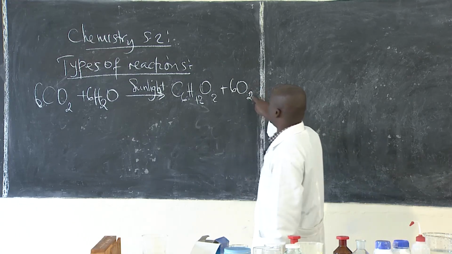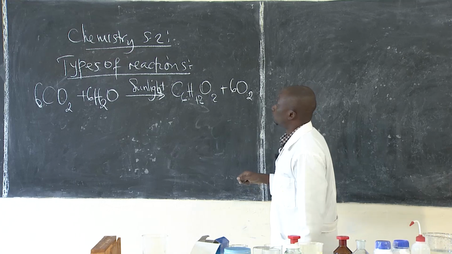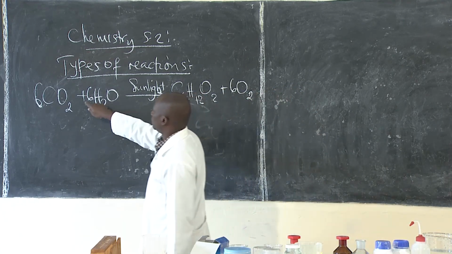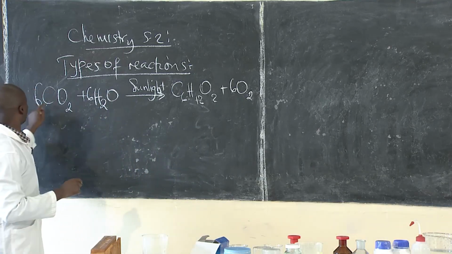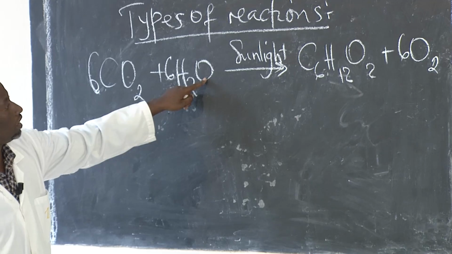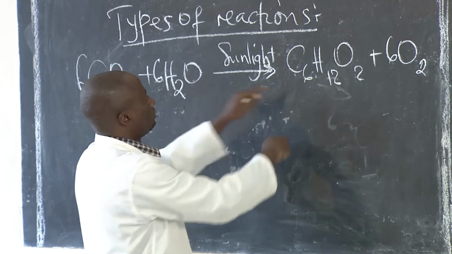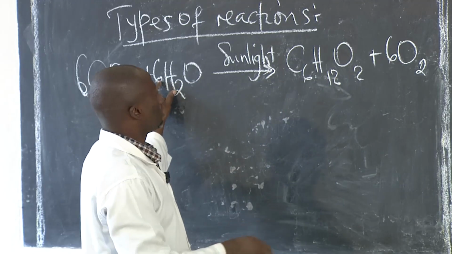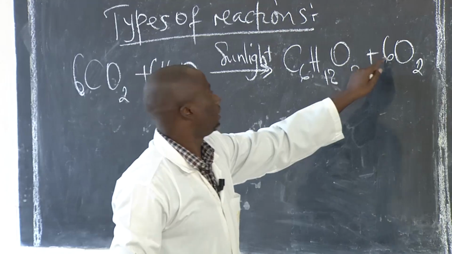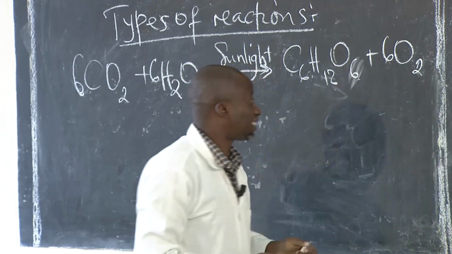So if we make these 6 molecules of oxygen, 12 plus 6, this is 18. So you have 6 carbon atoms, you have 12 hydrogen atoms, you have 12 and 6, that is 18. So you have 12 and, sorry, this must be 6.